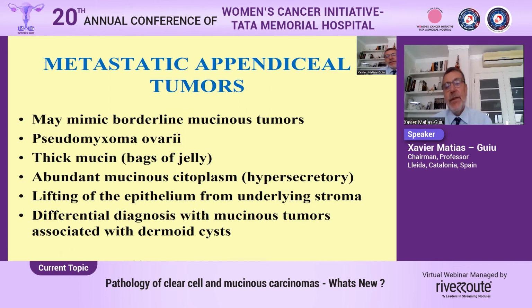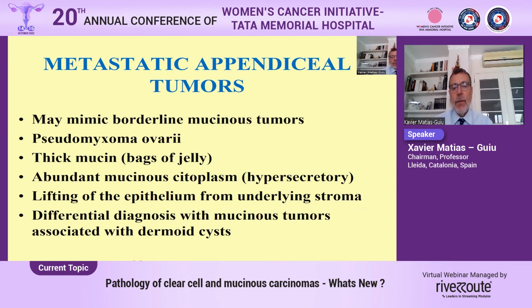So metastatic appendiceal tumors can mimic not only malignant, but also borderline tumors. In the past, the presence of mucinous tumors of the appendix and mucinous tumors of the ovary were regarded as 2 independent primary tumors, no longer. It's clear now that the appendix is the primary tumor and the ovary is the metastasis.